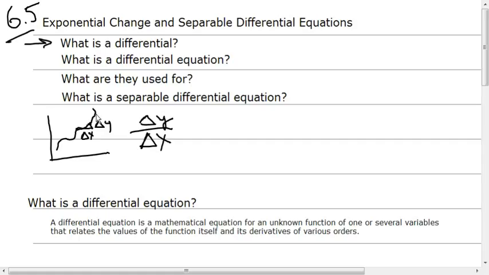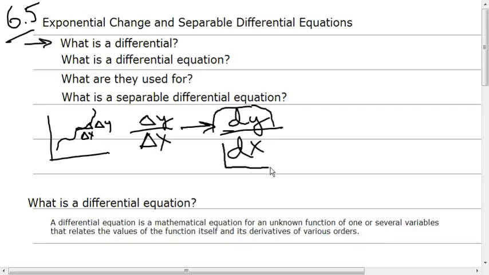But if we wanted the slope at one point, what is the slope right there at that point? Well, that gets into the idea of a derivative. And what we did was we said, allow us to think about infinitesimally small changes in y over infinitesimally small changes in x. This is a differential.